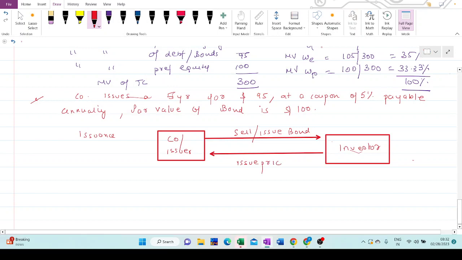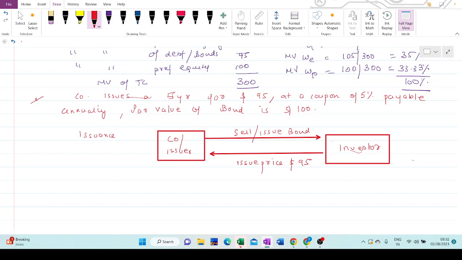Issue price is $95. Right. So this is what happens at the issuance of the bond. The company would sell one bond to the investor, and the investor would pay the issue price for the purchase. The issue price in this example is 95.